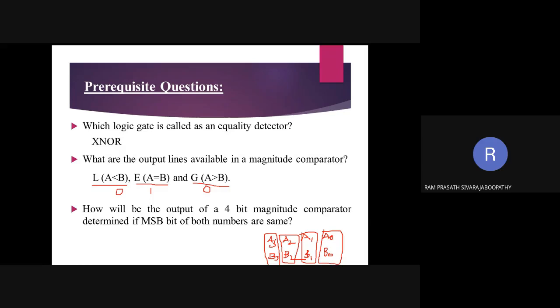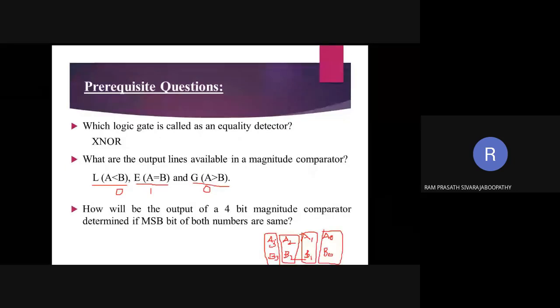From where the bits has to be compared? Starting from MSB or LSB? Yes, very good, MSB. Till it reaches LSB, it has to compare. If in between we get A greater than B or A lesser than B, that is the final output.